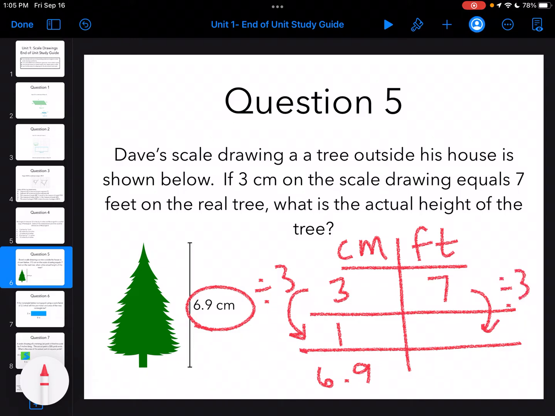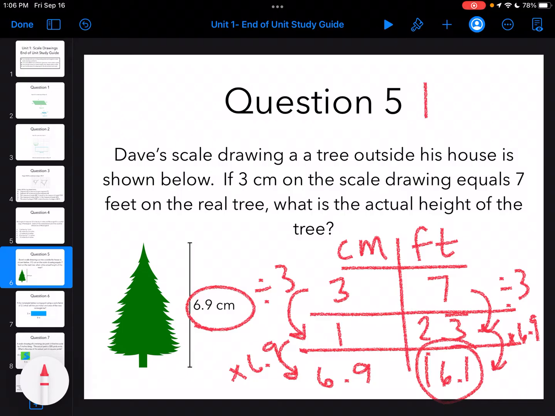So 7 divided by 3 is going to give me a decimal that's going to be repeating. So 2.3 repeating, and I'm not going to clear my calculator. I'm going to leave that in. Then I'm going to multiply by 6.9. And I get 16.1, and that's going to be feet. So my answer is 16.1 feet.